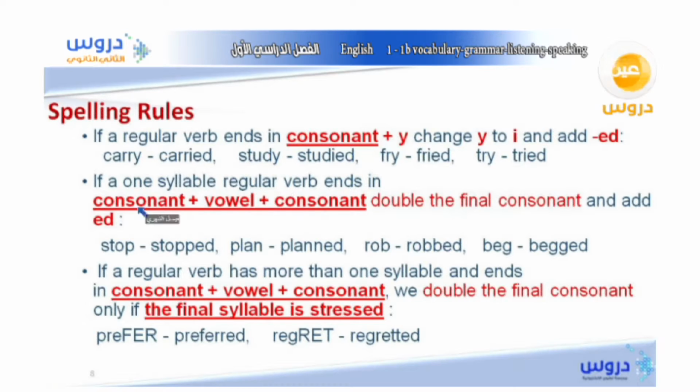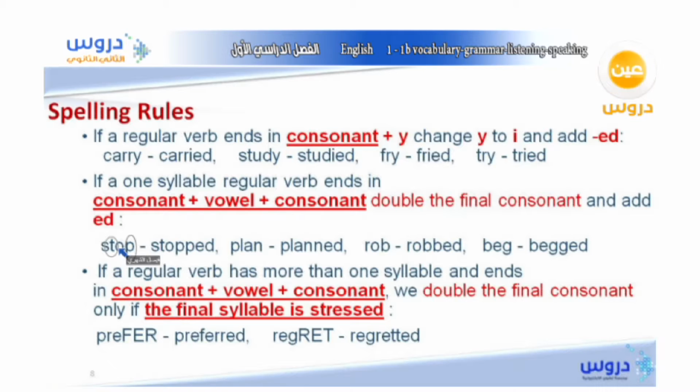In between we have a vowel, and I think all of you know the vowel letters, right? If you see the same situation, just double the final consonant. This is the final consonant, p. Double it and add -ed. We have other examples like plan, rope, and big.